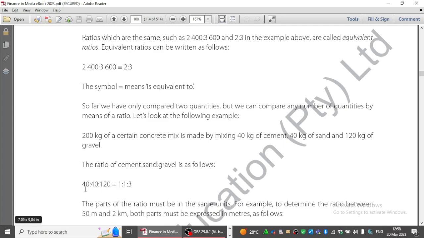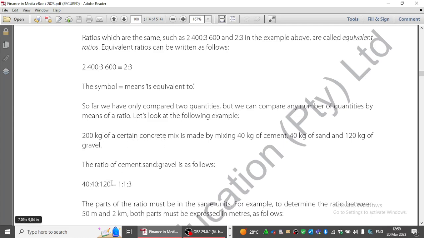So if we were to get the full ratio of this, we can add all of these together: 40 plus 40 plus 120, that's 200, and that's 200 kg. Meaning that for each and every concrete mix, 40 kg out of 200 will be cement, 40 kg out of 200 will be sand, and 120 kg from this certain concrete mix will be gravel.